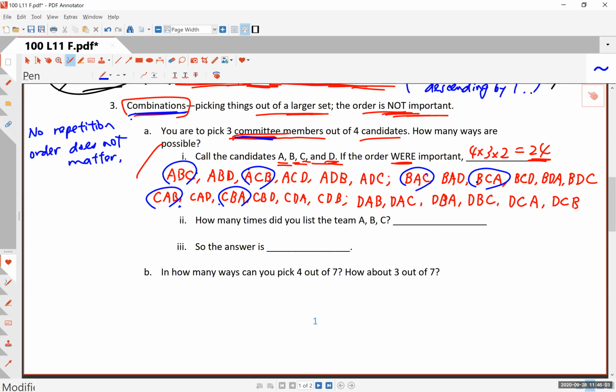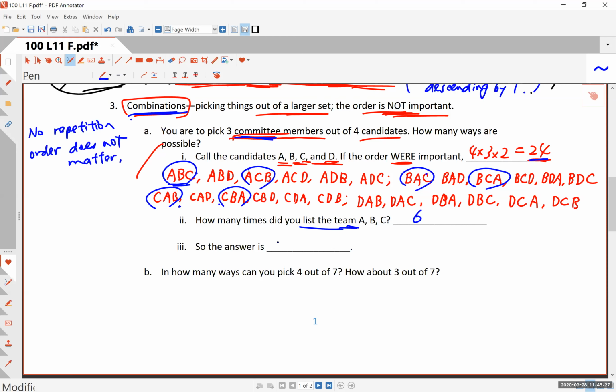Does it make sense? So even though I have 24, each combination was actually written as 6 different permutations. Now, why 6? Because every time I pick A, B, and C, I can permute, I can change the order in 3 times 2 times 1 ways. That's 6 different ways. So how many times did you list the team A, B, C? That's 6.